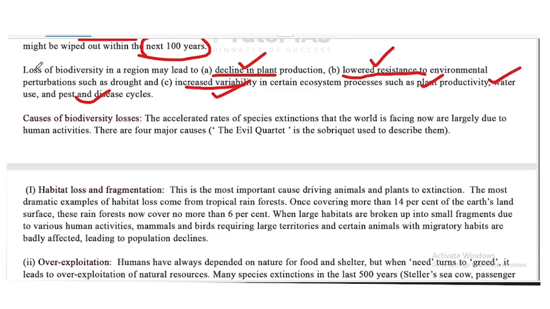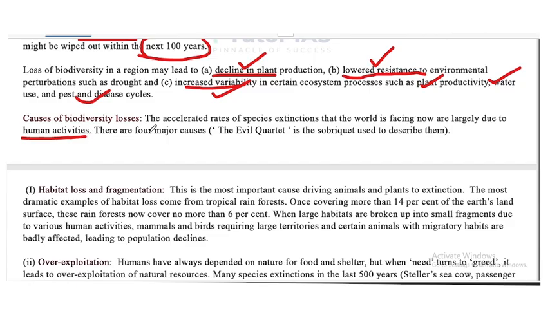So just take a note of these points 1, 2, 3. Now, causes of biodiversity losses. The accelerated rates of species extinction that the world is facing now are largely due to human activities. So, from the above discussion, it is very clear that human activity is a major cause of the accelerated species extinction.